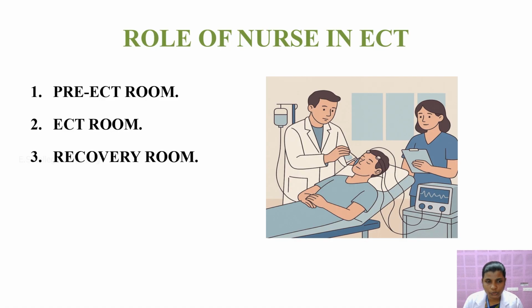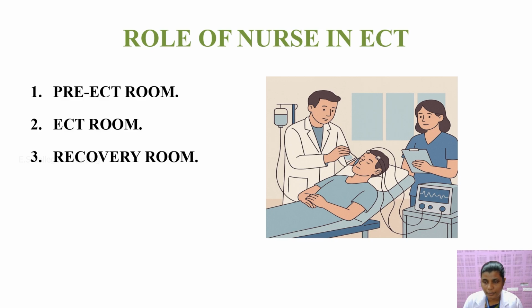Next, in the ECT room, we arrange the equipment and the emergency drugs. We maintain the supine position, and after the ECT we maintain the side-lying position, because it allows the collection of secretions from the patient.